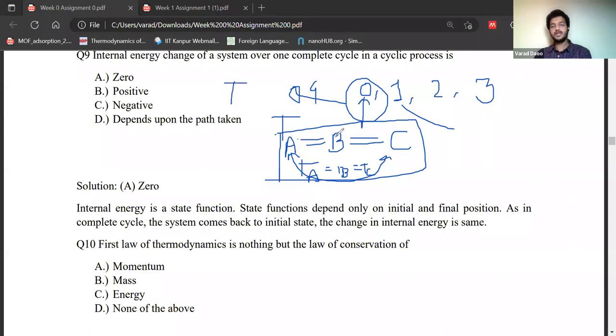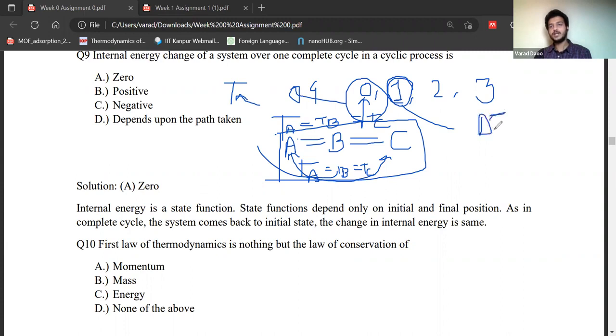That means when A and B are in equilibrium and B and C are in equilibrium, there has to be something common between all three. Eventually we found out that this something common is called temperature, and then we can say that the temperature of A equals the temperature of B equals the temperature of C. What does the first law of thermodynamics say?